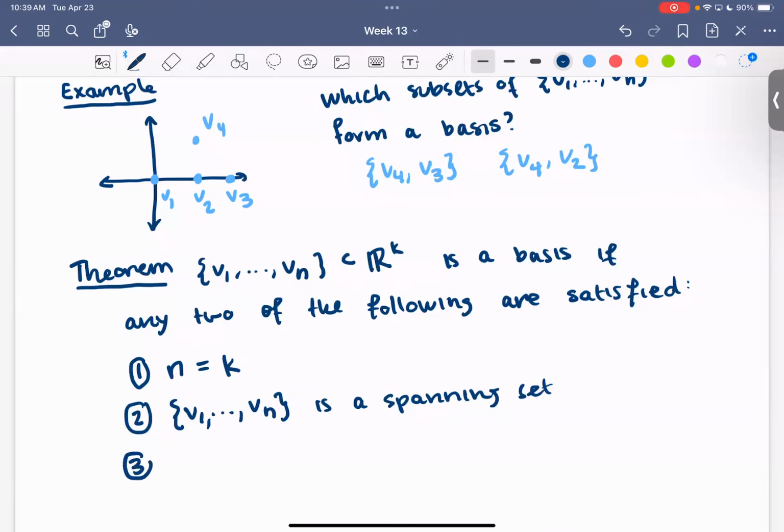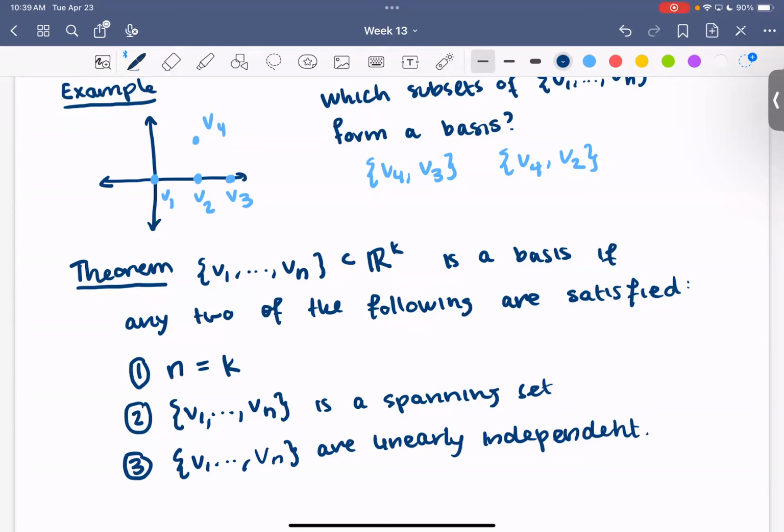And three, v1 up to vn are linearly independent. So this was a theorem from linear algebra.